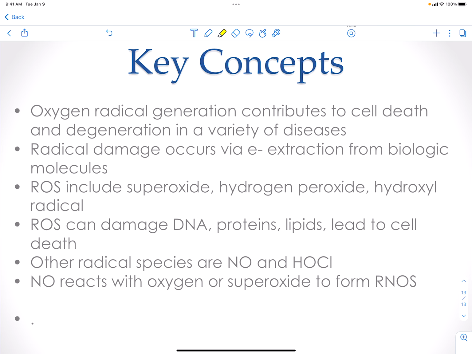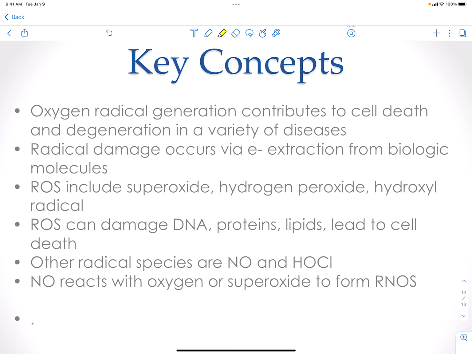In general, radical oxygens are bad for the cells, but the cells do have mechanisms to control them and to eliminate them. They can cause damage by extracting electrons from biologic molecules, and this can damage those molecules irreversibly. The reactive oxygen species are going to be primarily superoxide, hydrogen peroxide, and hydroxyl radicals, and they are going to target many things.